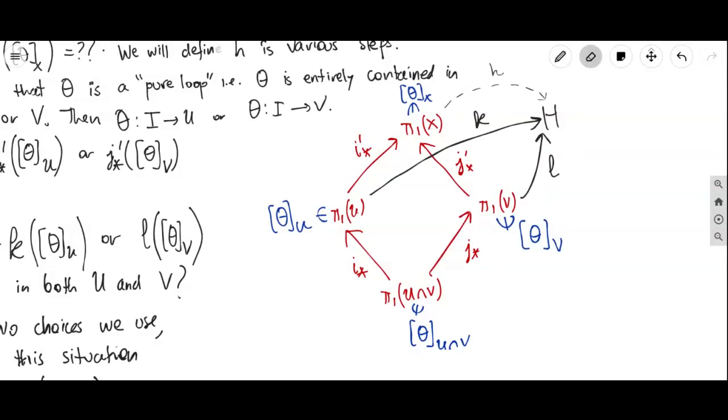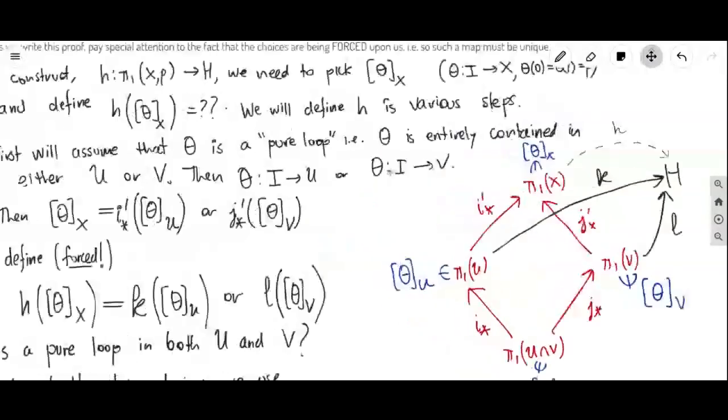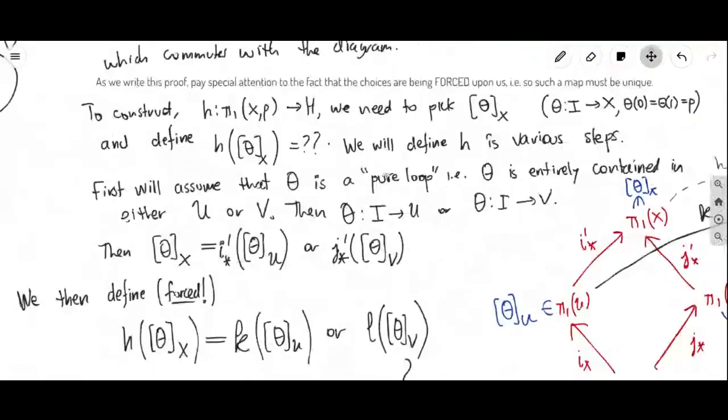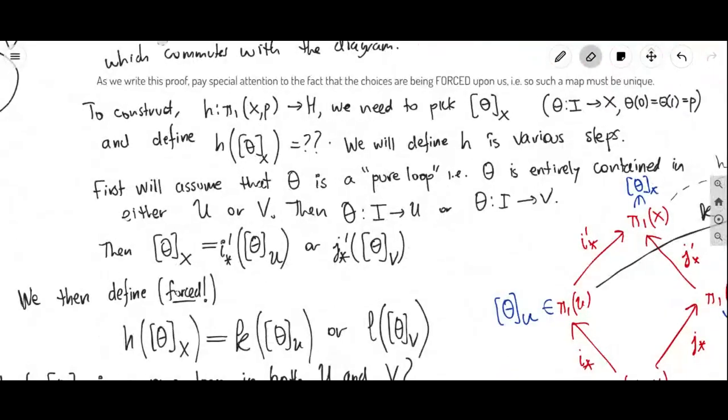So we have explained how to define this when it is a pure loop. But what if it is not a pure loop? So that's the next step. So this is sort of step one. So I'm going to clear all of this because it's going to get in the way. And I want to sort of explain what we did. So let's redraw this picture again.